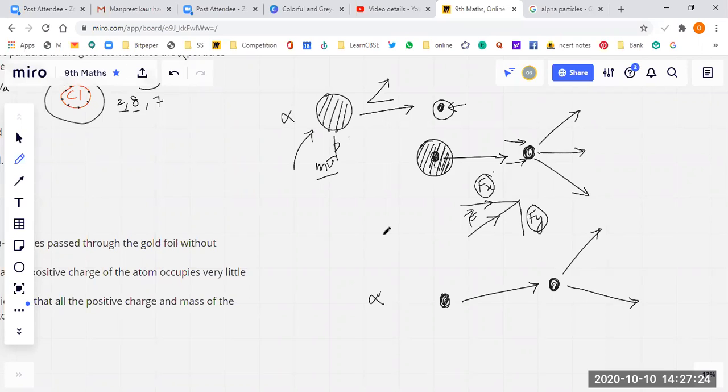Then the J.J. Thomson model, in which the positive charge is scattered all across the sphere and electrons are embedded in it, somehow looked like it was wrong. It's a wrong model that was proposed by J.J. Thomson.